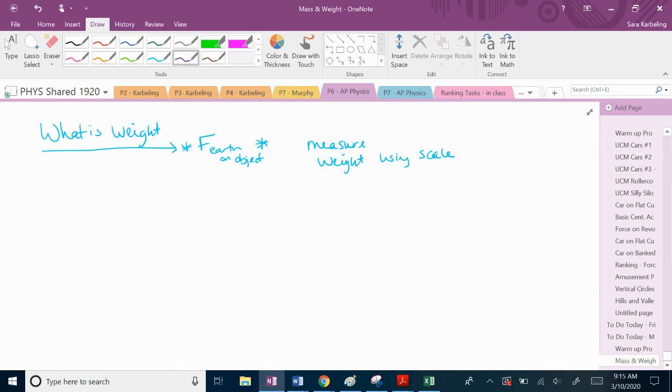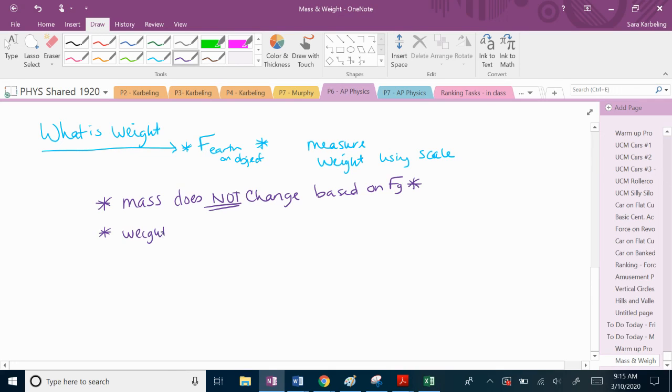And then just a friendly reminder, I think you know this, but just in case, we know that mass does not change based on the force of gravity, right? We go to the moon, we go to Mars, whatever, mass is still the same, but weight does change based on force of gravity. There you go, mass and weight.